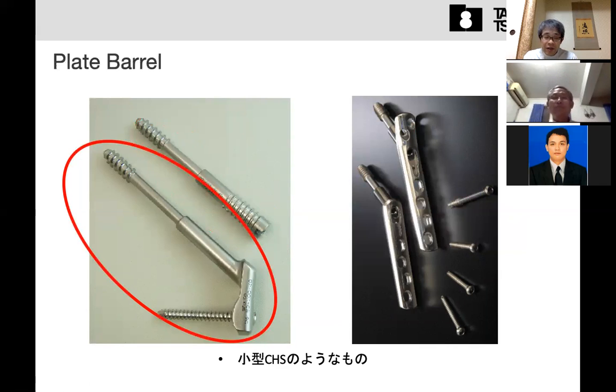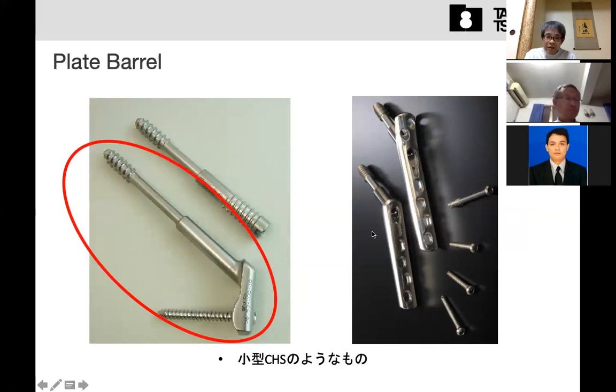If there is some difference between the screw and plate angle, and the neck and shaft angle, some mismatch of the lateral cortex and the plate can occur. It is a very serious problem.